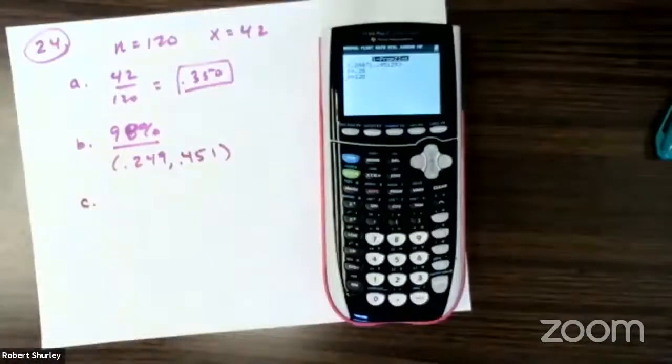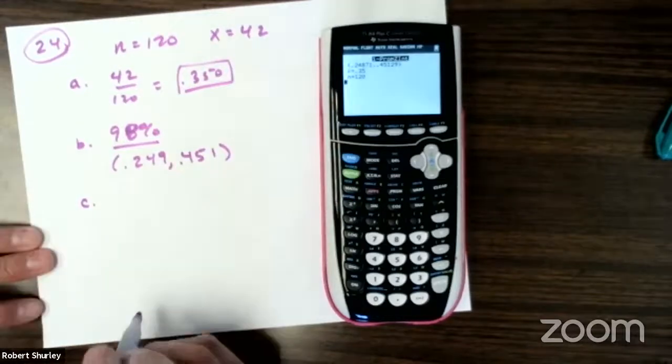So C states, according to the College Board, 39% of all students who took the math SAT in 2009 scored more than 550. The admissions officer believes that the proportion at her university is also 39%. Does the confidence interval contradict her belief? What do you think?